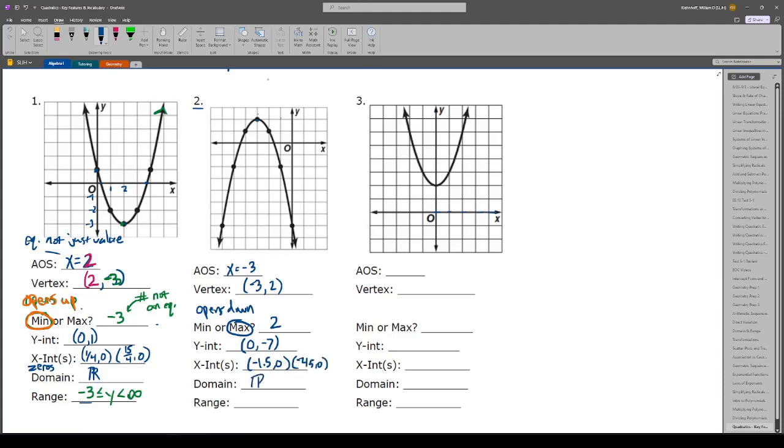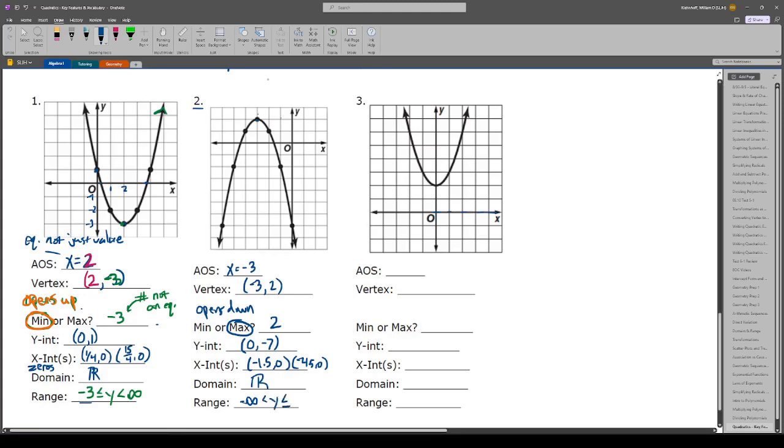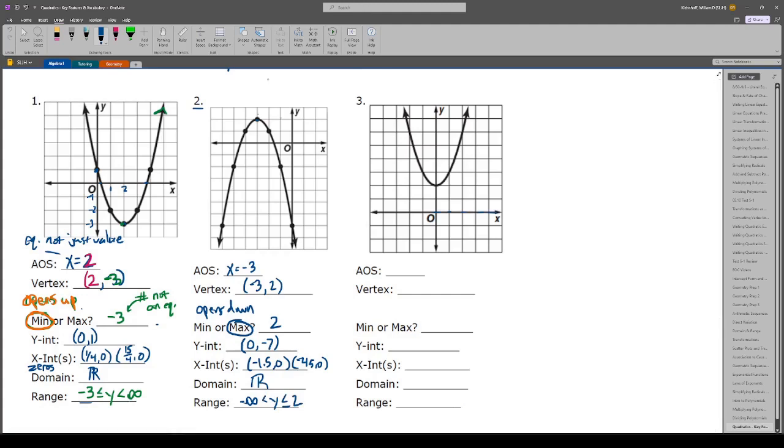Our domain is all real numbers, and our range is going to be -infinity, because we're heading down forever, is less than y is less than or equal to 2, which, remember, again, is a repeat of our maximum value and our y value of our vertex. Then our final example, our axis of symmetry has not moved.